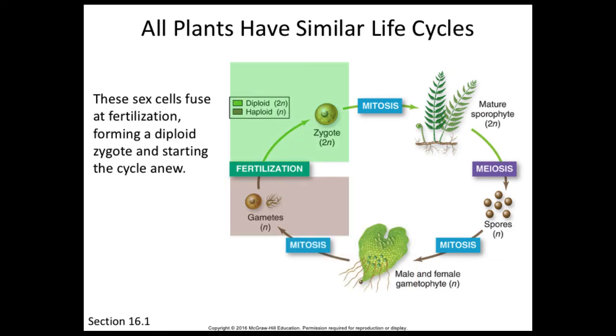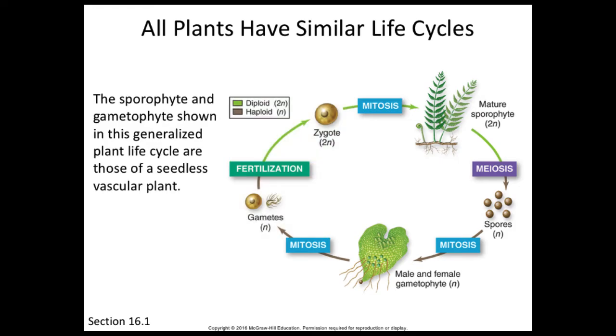When a sperm fuses with an egg, we have fertilization, and this results in a diploid zygote, that baby plant that can grow into a mature plant, starting the cycle anew. The sporophyte and gametophyte shown in this plant life cycle is generalized and specific to a seedless vascular plant only.